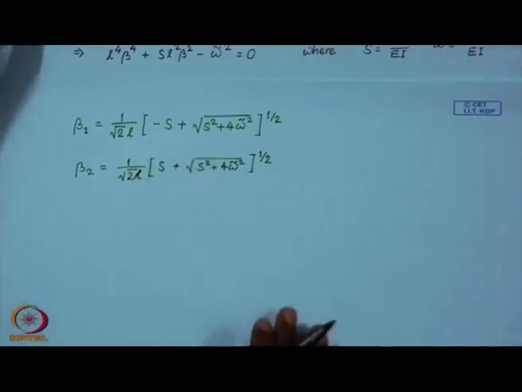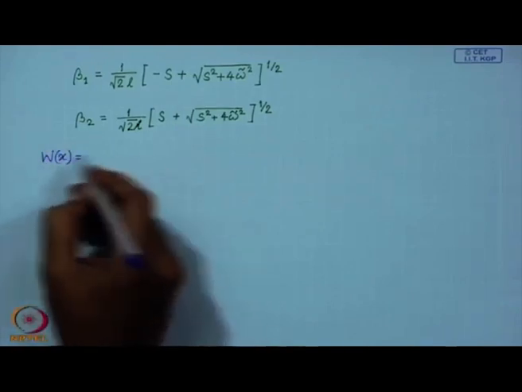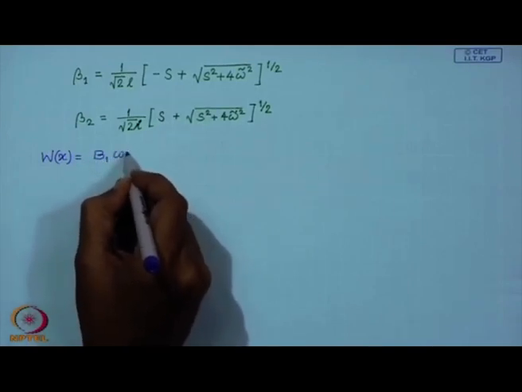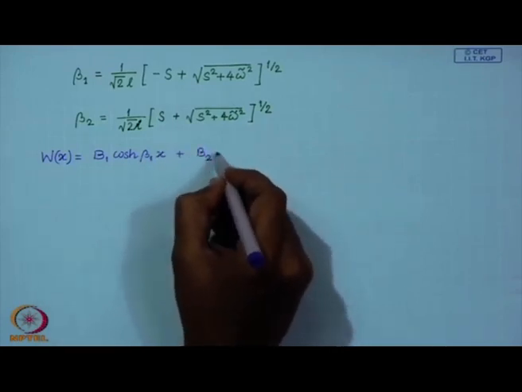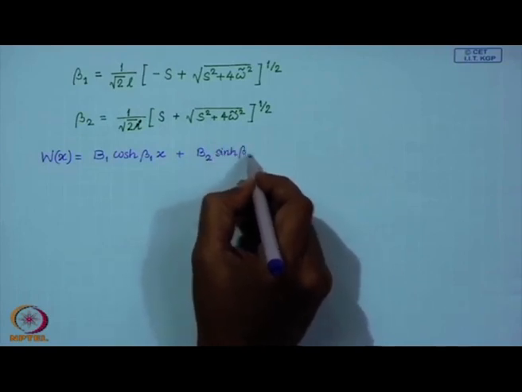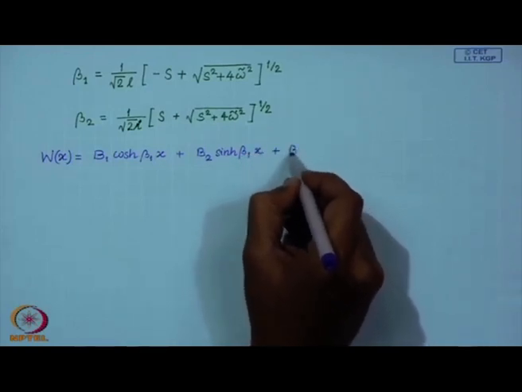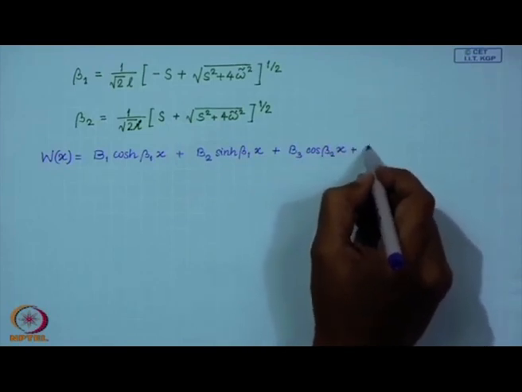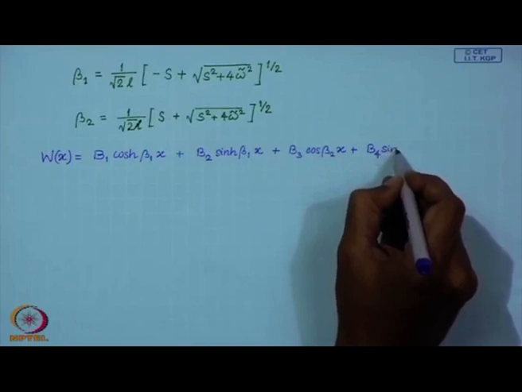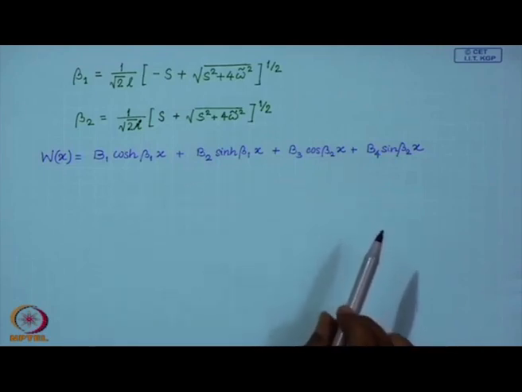I have written this beta 1 and beta 2 in such a way that I can write my solution of W as follows. So that is the general solution for W.